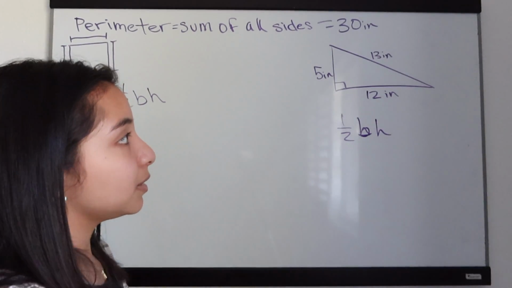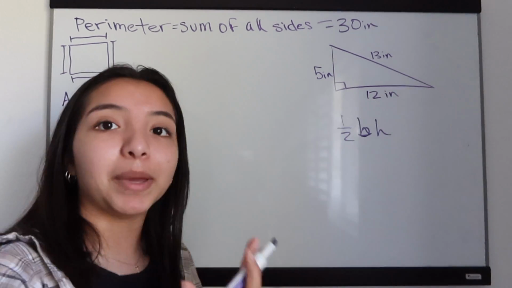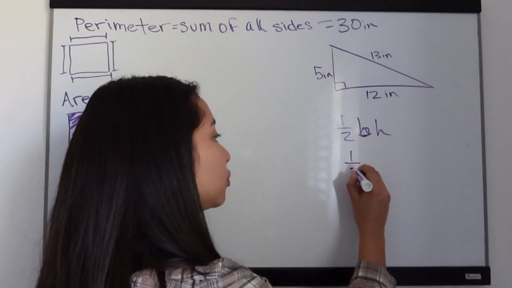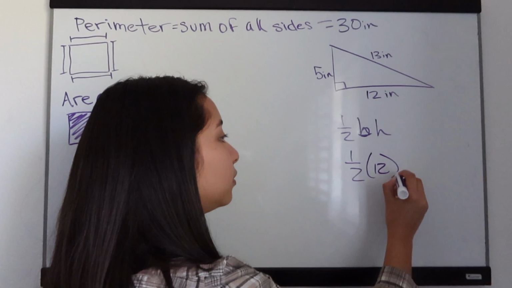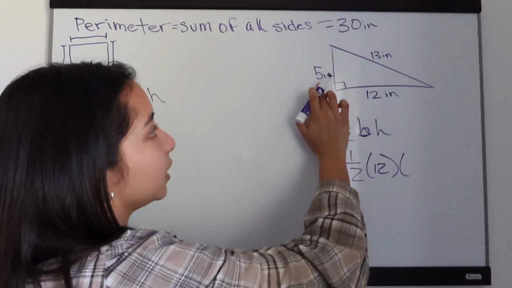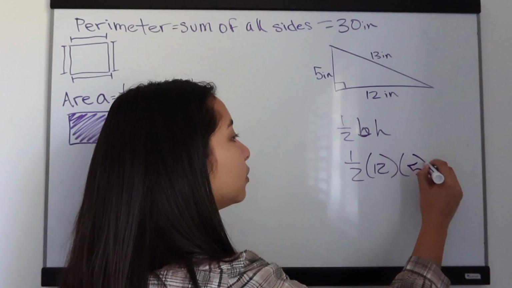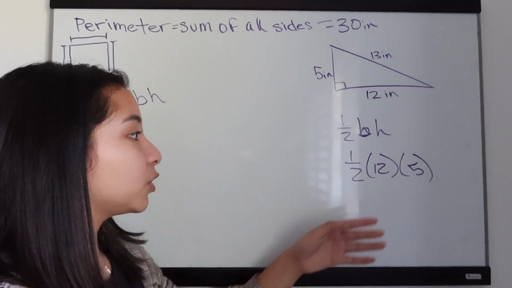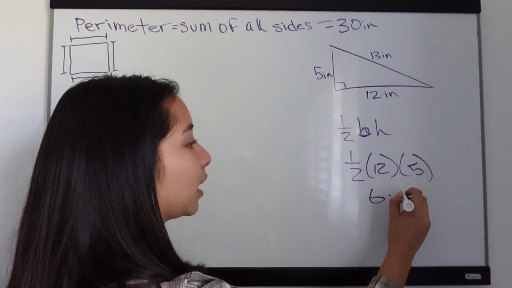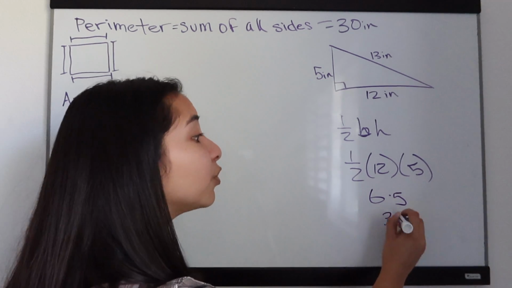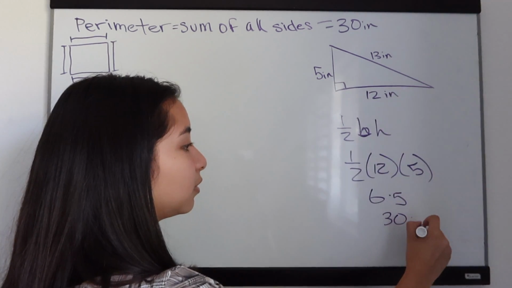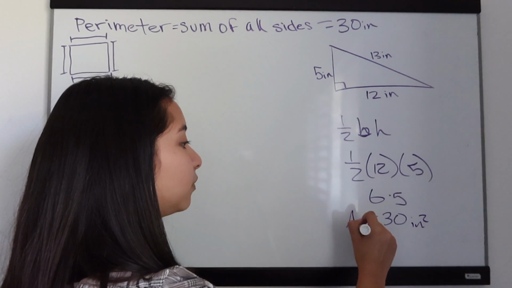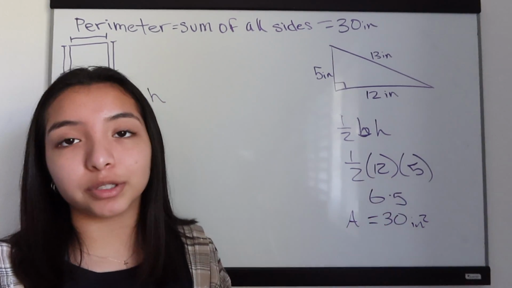What is the base? The base is 12. The base is the bottom. So 1/2 times 12 times the height, which is 5. So 1/2 times 12 is 6, times 5 is equal to 30 inches squared. The area is 30 inches squared.